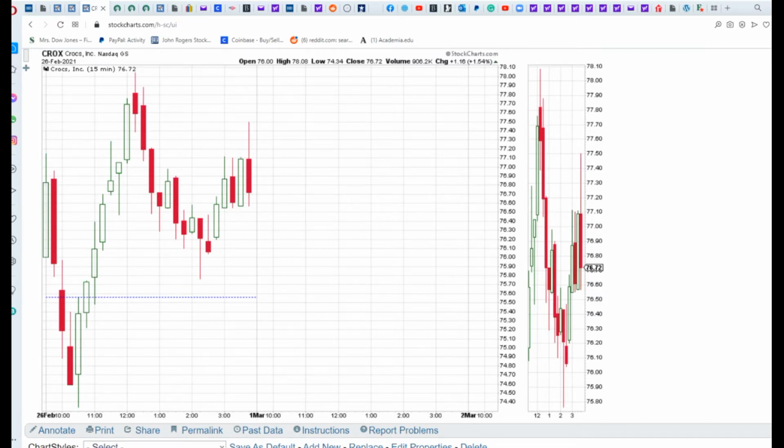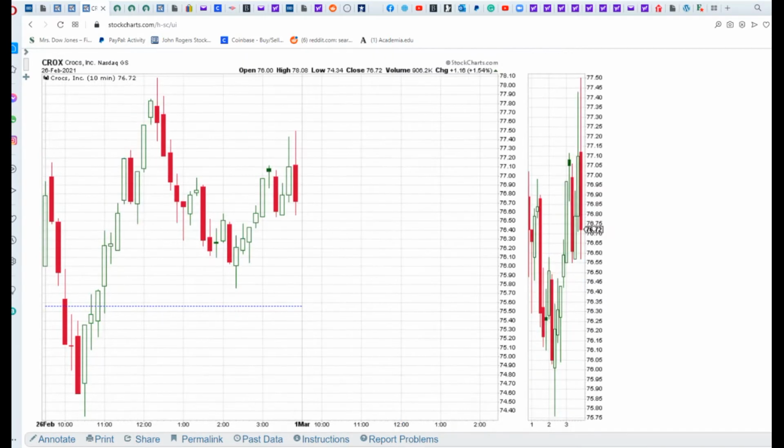So we were trying to see which one suits you best for this kind of trading. Here's every 10 minutes. When we see 10 minutes, we see that there were some 10-minute bars with downside, and all of them went up, but the result is the same. We end up with $1.16.